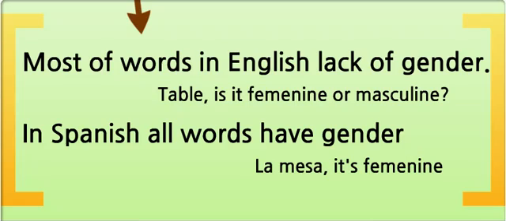It's impossible to know the femininity or the masculinity in a table or a book or a flower, for instance. Then we cannot say that words in English have gender. Well, most of them.